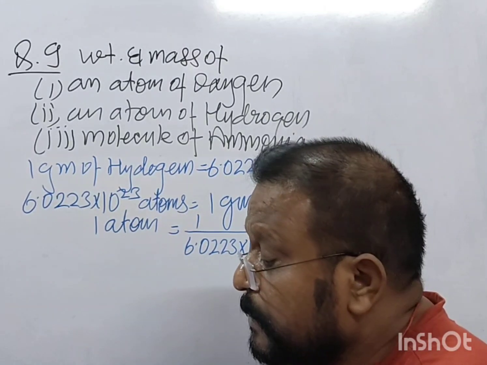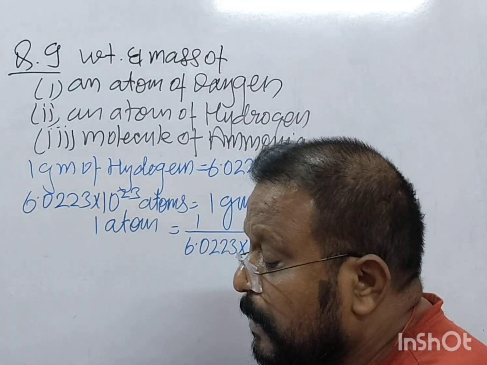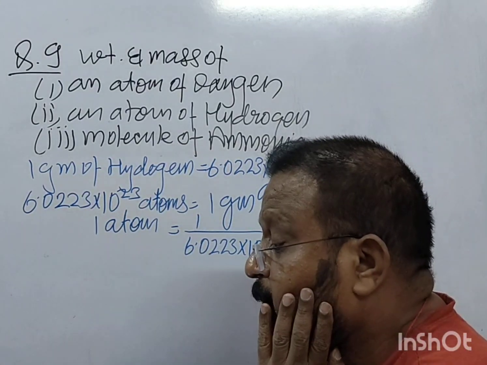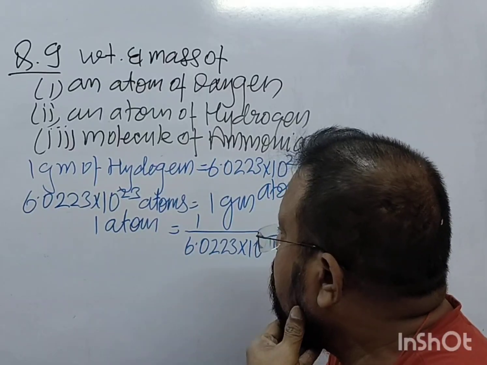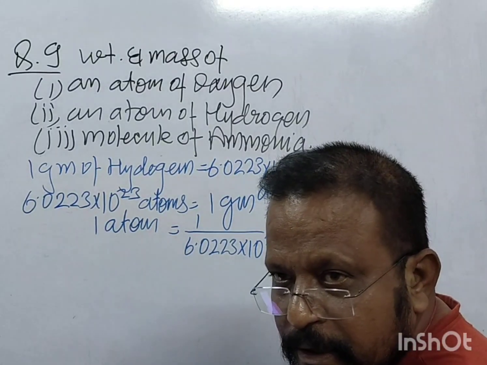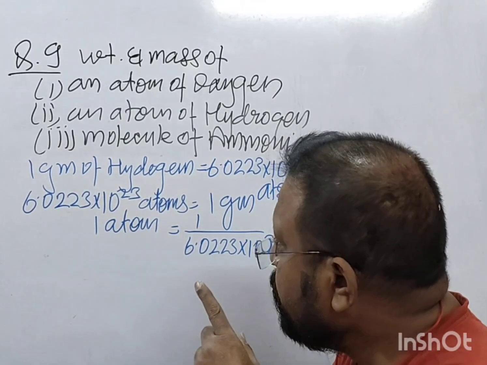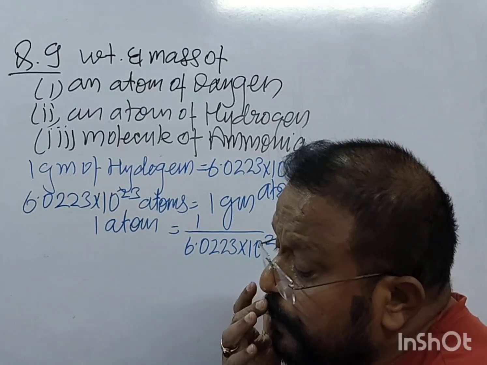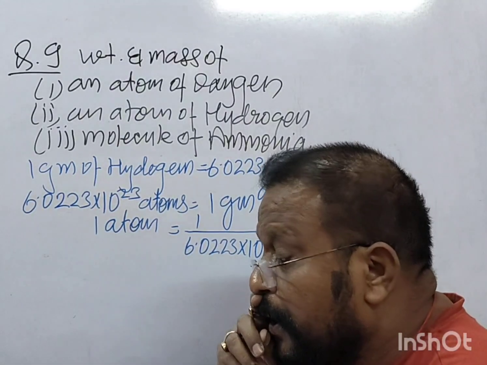Check the answer. 1.666 into 10 to the power minus 24. Yes, it will come when 1 is divided by 6.02. Hydrogen atom is written, so 1 gram, it is coming 0.166 into 10 to the power 24.